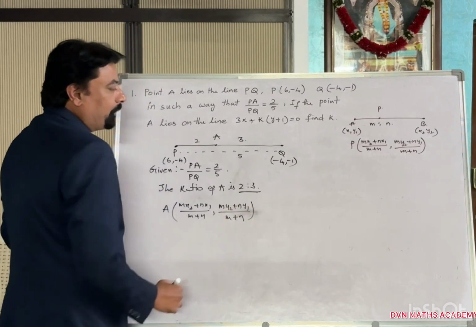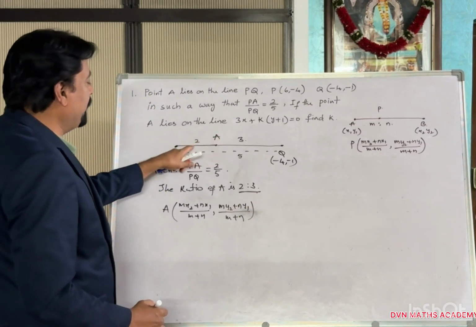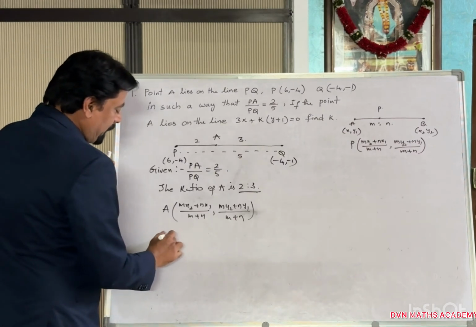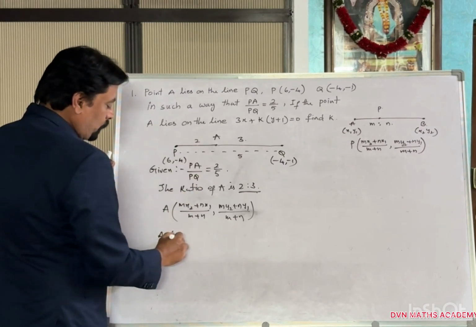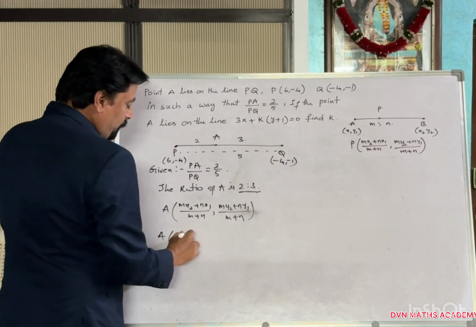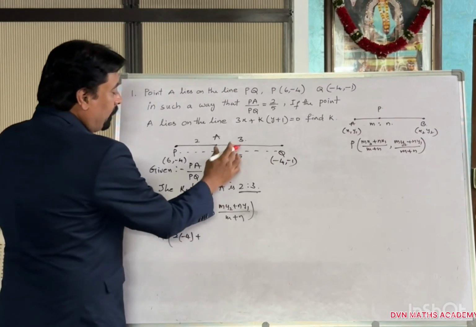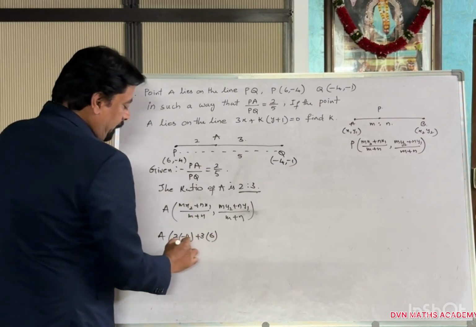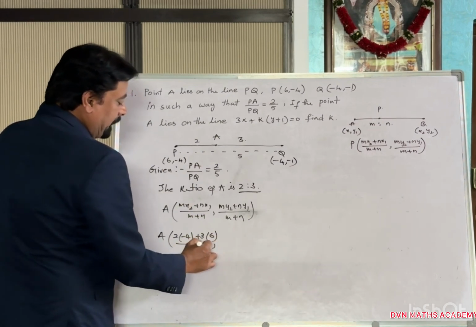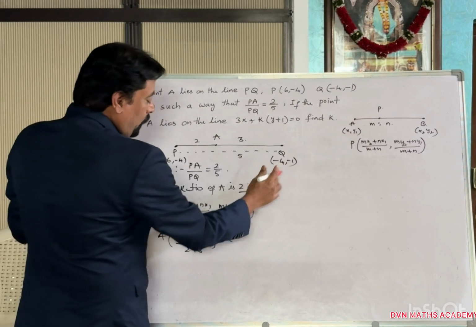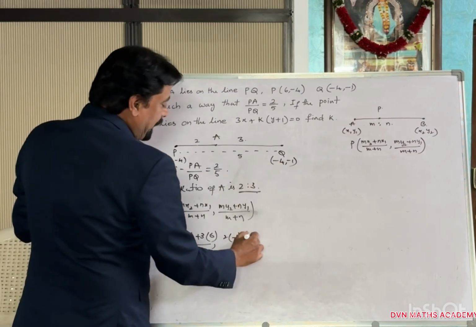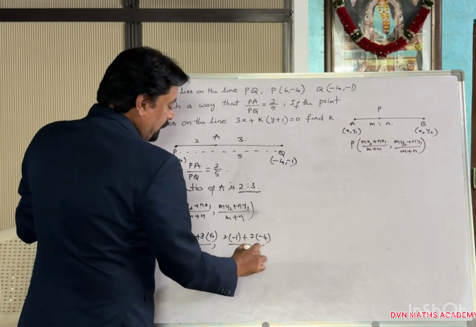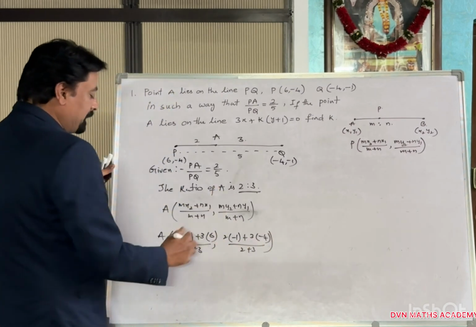Just substitute the values: m is 2, x2 is -4, n is 3, x1 is 6, over 2 plus 3. Next, 2 into y2 plus 3 into y1, over 2 plus 3.